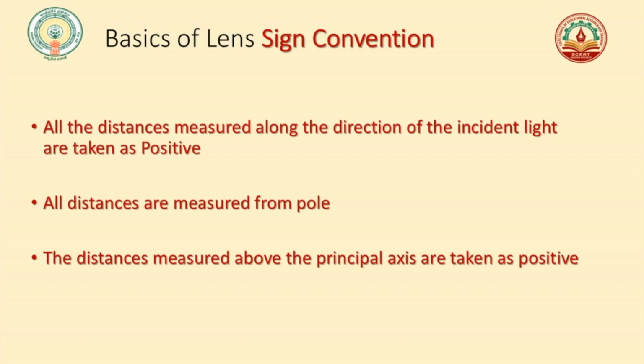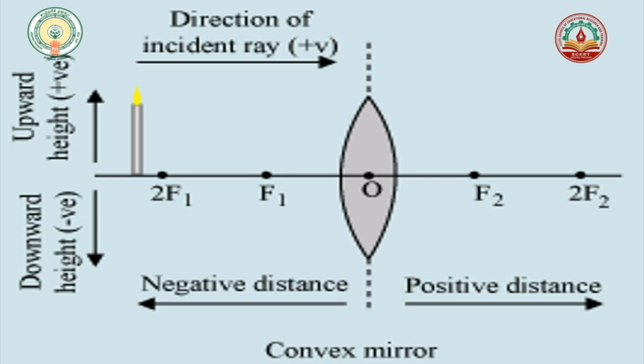All the distances will be measured from the pole only, and distances measured above the principal axis are taken as positive. Here you can see that if the object is at 2F1, the distance has to be measured from the pole.